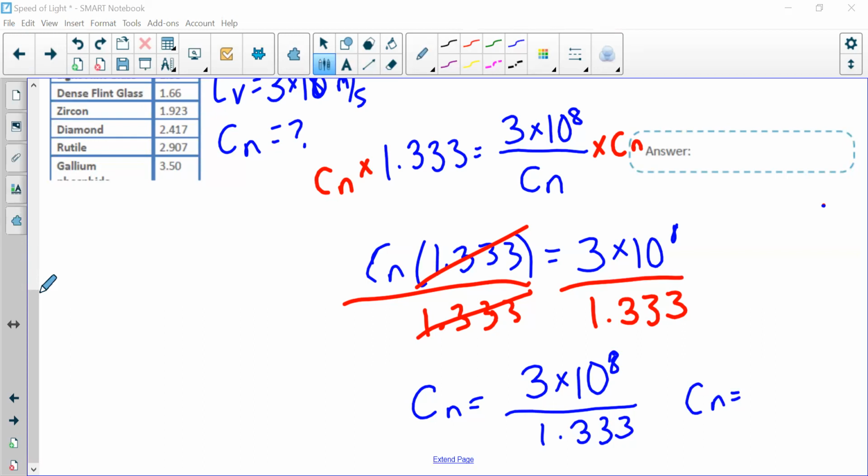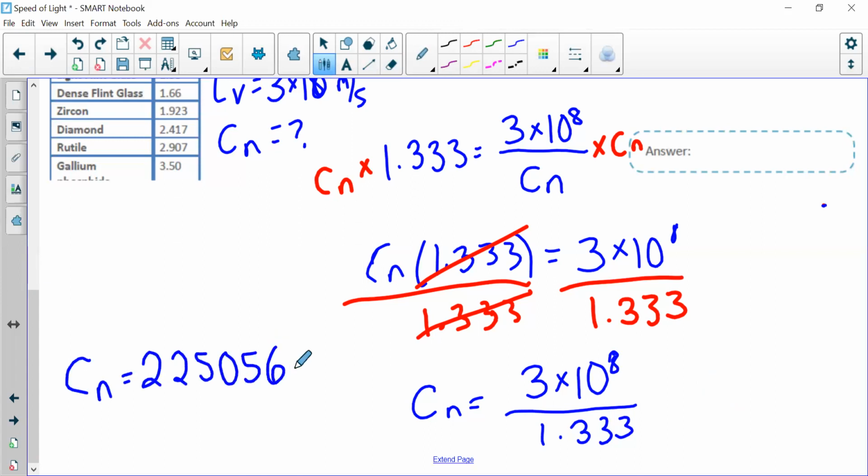I'm actually going to put the answer down so that you know what you're looking for, and then we can make sure we're all getting the same thing. CN, I'm getting this. Or some of your calculators may be giving you this. These are going to be the same thing.